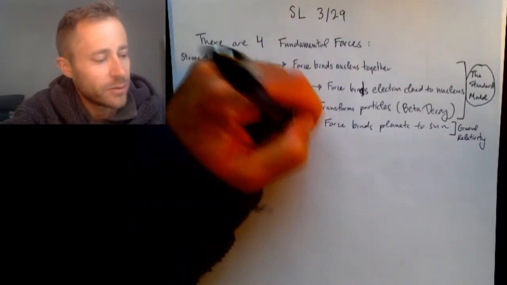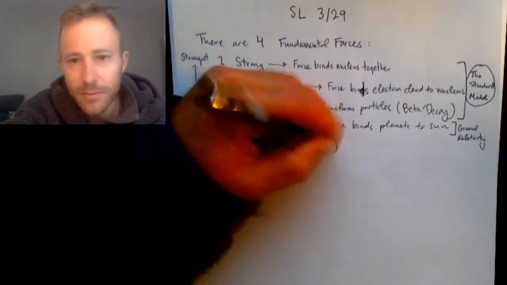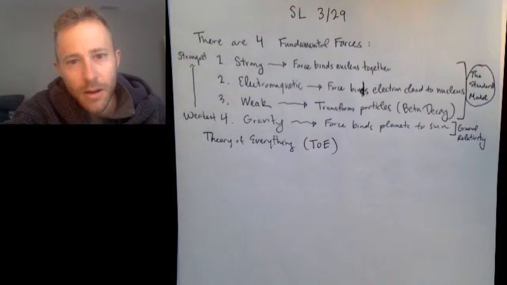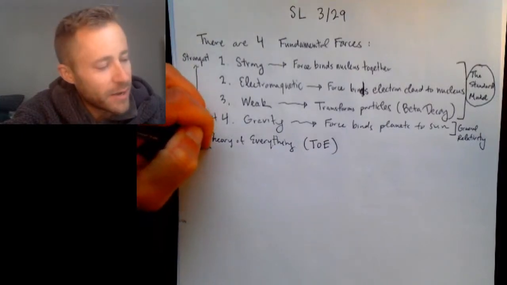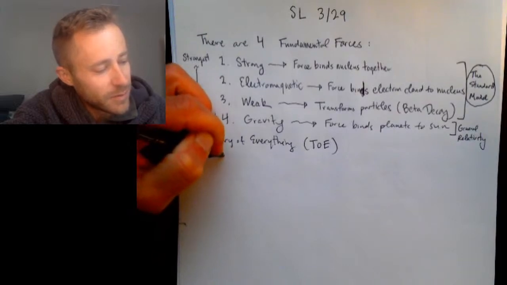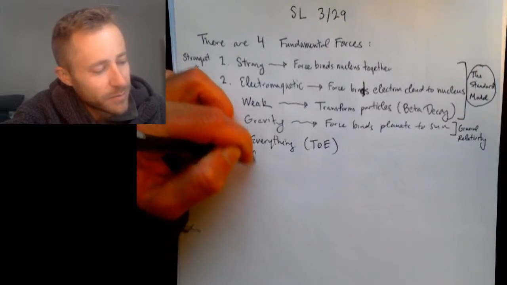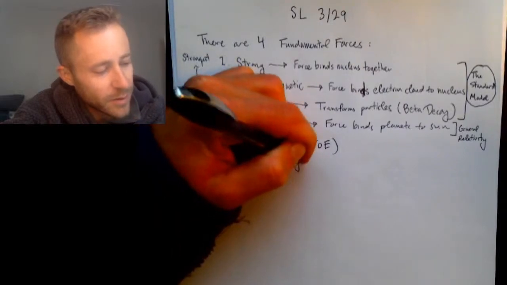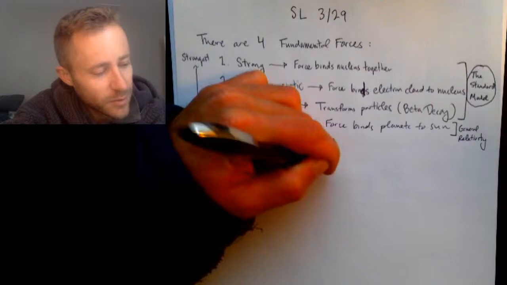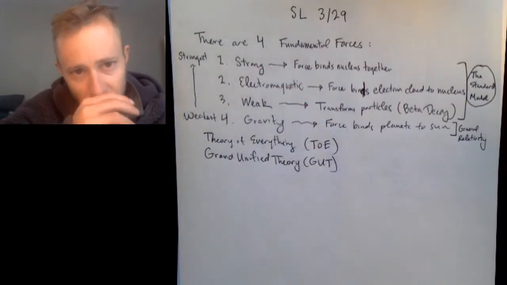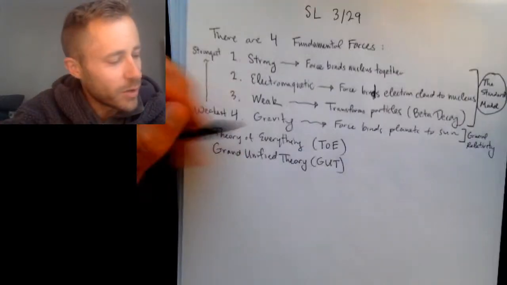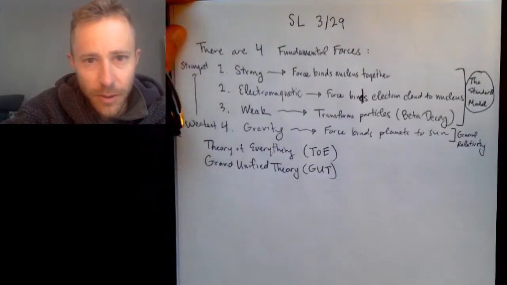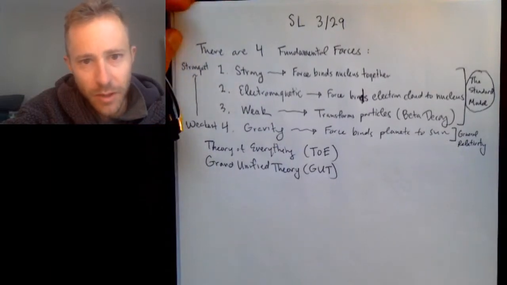So that is a TOE, all right? Or we'd also think about a grand unified theory, a GUT. So physicists use these words. This is one of the major pursuits of physics right now.